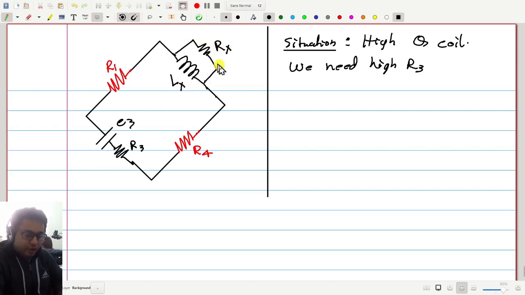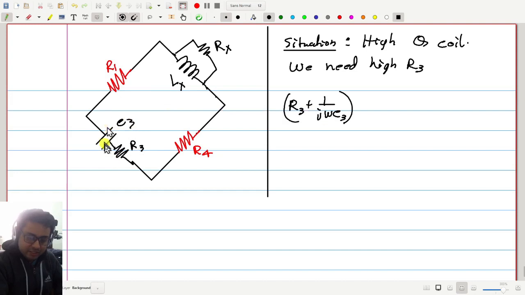Okay, we model our coil to be a parallel combination of L and R, and then you see again the balance equation will be easy. How? Let us see. So let me write that this impedance R3 plus 1 by j omega C3, this impedance multiplied by Zx will be equal to R1 R4, product form.